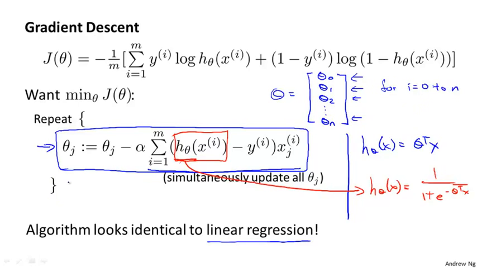But of course, rather than using a for loop, ideally we would also use a vectorized implementation, so that it can update all of these n plus 1 parameters all in one fell swoop. And to check your own understanding, you might see if you can figure out how to do the vectorized implementation of this algorithm as well.